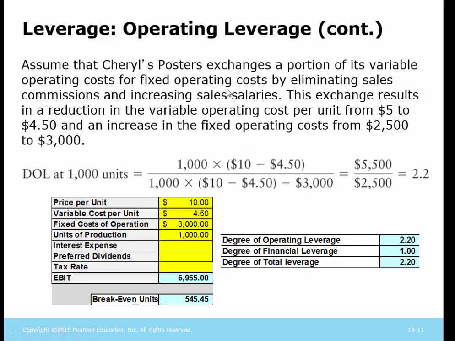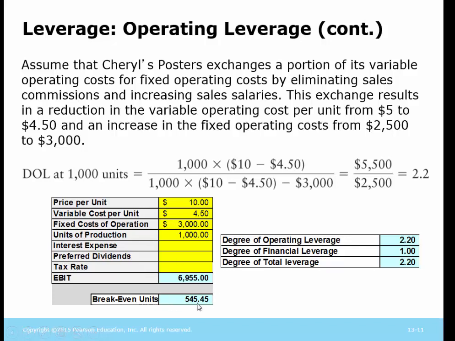So what would happen here, right? We have this Cheryl's Posters again. We're going to exchange a portion of our variable operating costs for fixed operating costs. So what this is going to do is we're going to reduce our variable costs from $5 to $4.50, and we're going to increase the fixed operating costs from $2,500 to $3,000. So what would that do ultimately to our break-even unit?